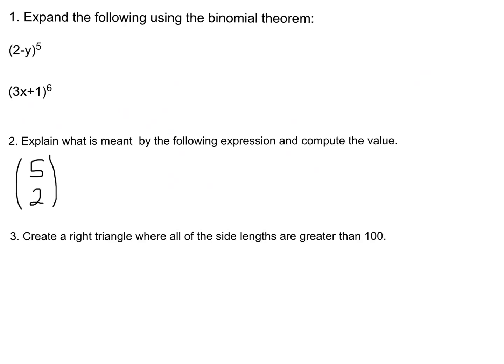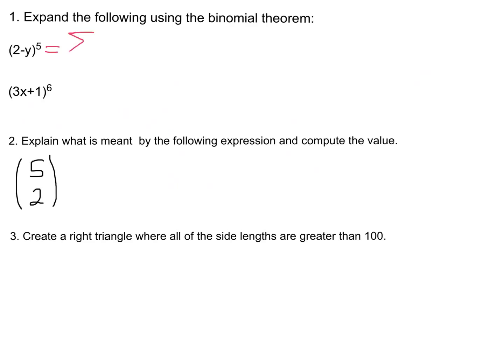Alright, so looking first at 2 minus y to the 5th. So first I'm going to write out my binomial expansion, and I can do this from memory because I've written it down so many times. But to help yourself out, you may just want to remind yourself what you're doing.